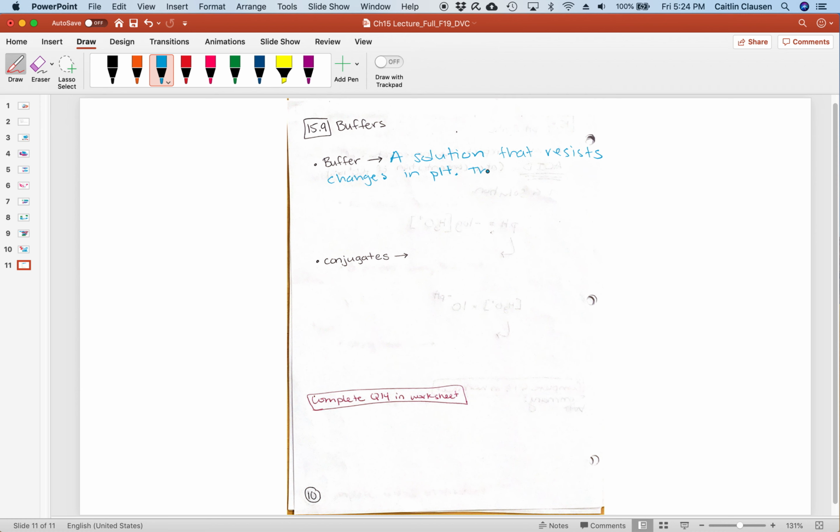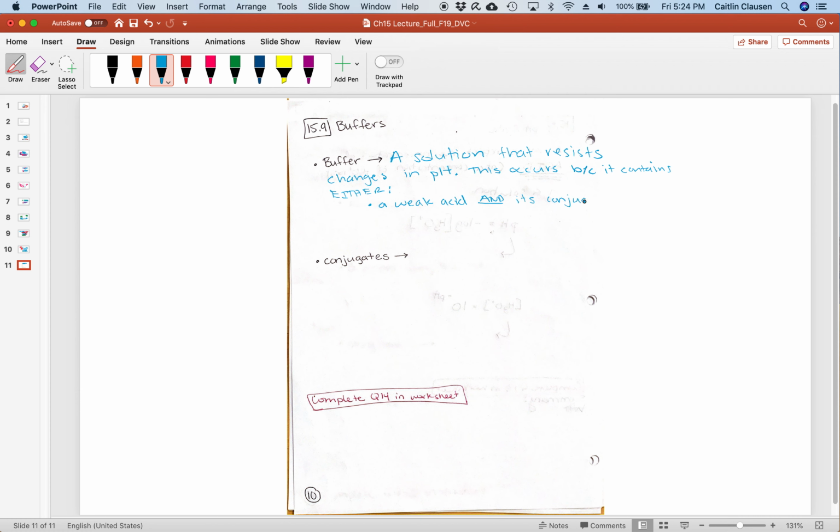The reason it doesn't change pH is because it contains either a weak acid and its conjugate base.